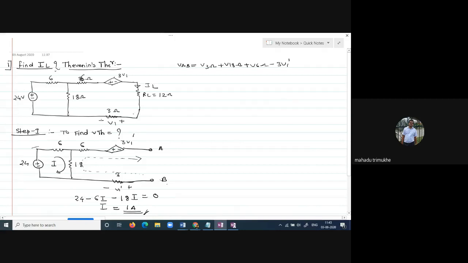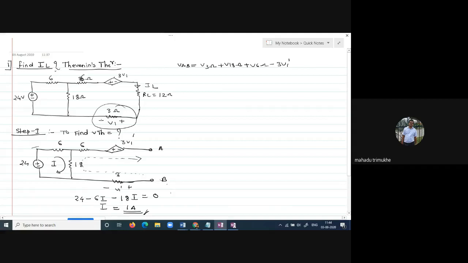Okay, that equation you are getting, right? But what you have observed over here, point A and B are open. Whatever we have seen in the last example, the same methodology you have to apply over here. Point A and B are open means there is no current flowing through the 3 ohm resistor. Then V1 dash is equal to 0.